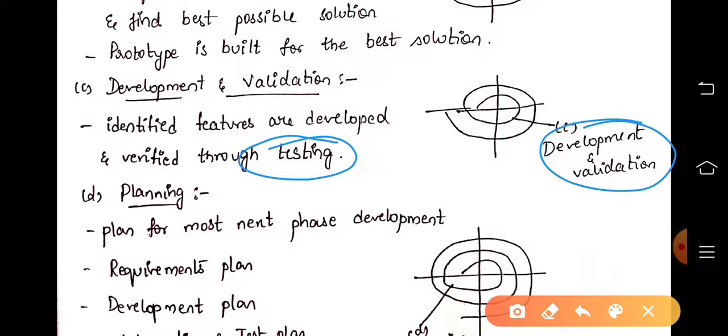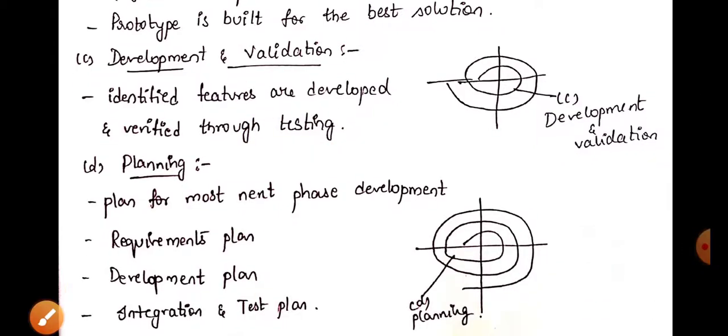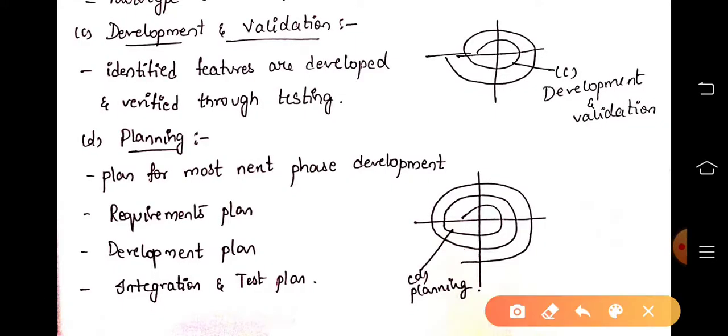And then next phase is planning. In this planning phase, we are going to plan for the next phase of development.